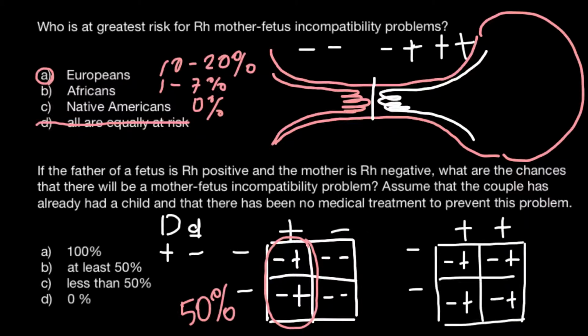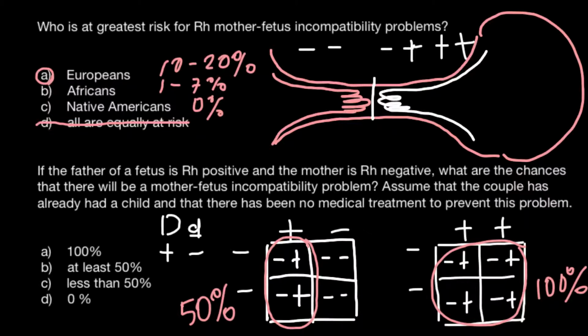So as you see, 100% of the progeny would be Rh positive. So this is going to be 100%. So now we can choose our answer, and our answer would be between 50% and 100% of the progeny may have this mother-fetus incompatibility.